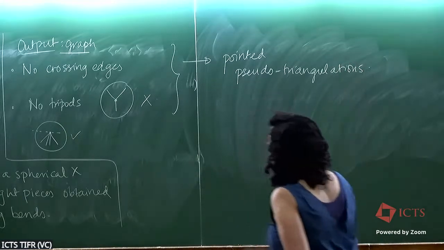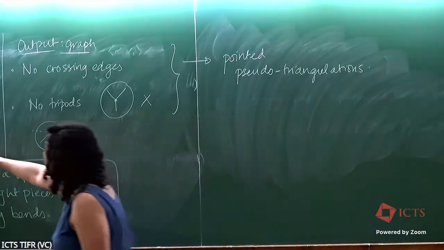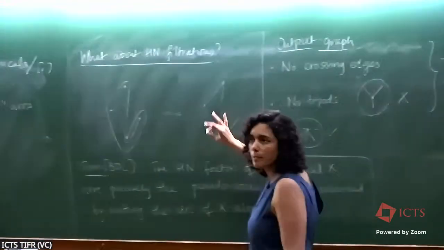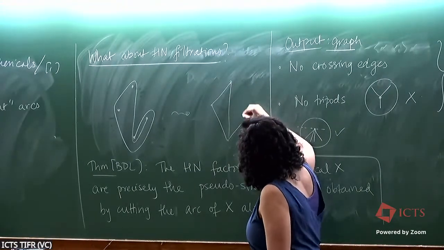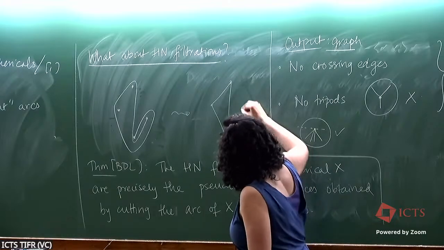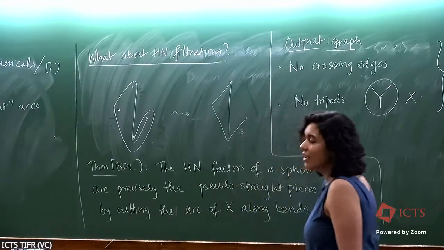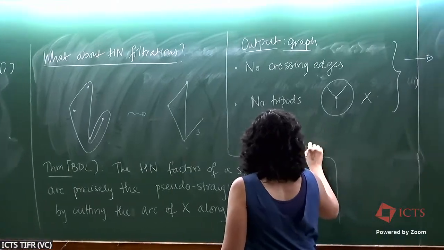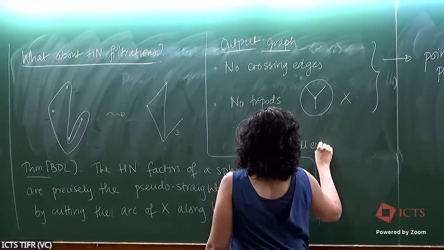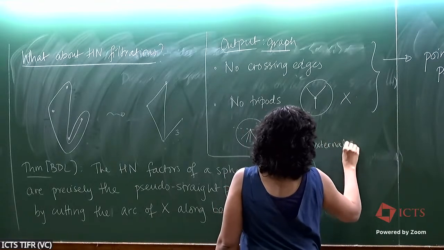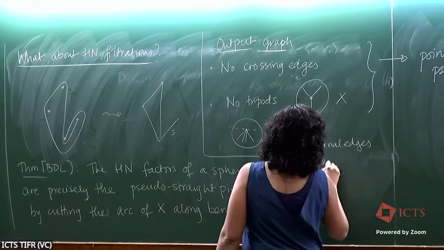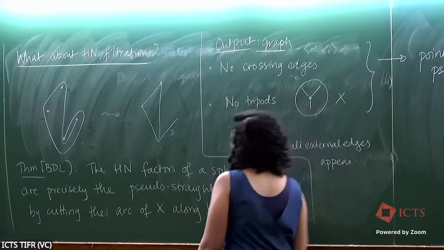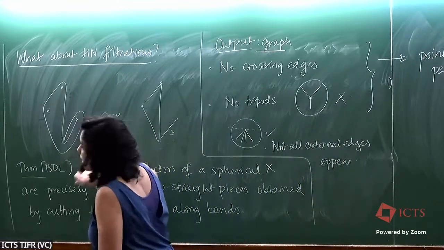If the configuration of points is convex, then these are basically triangulations. There's also an extra constraint. You can't have all of the external edges, but I'm going to ignore that. Not all external edges appear, because the curve has to start somewhere and end somewhere. It can't go around the whole thing.